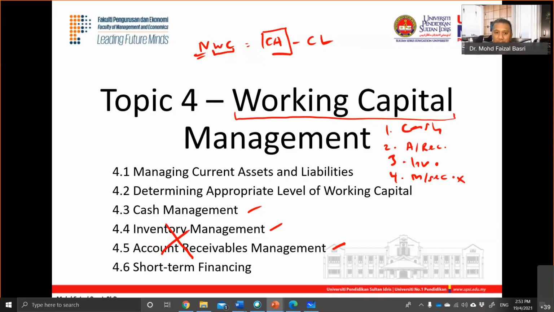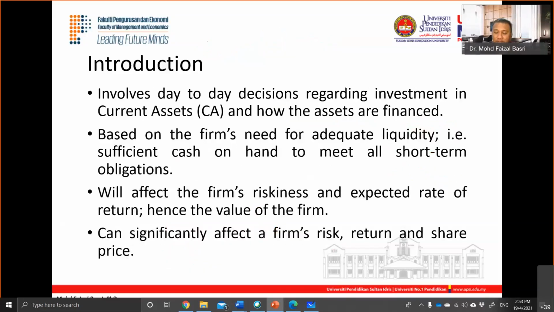Right. But anyway, when we talk about working capital, it's involved day-to-day decisions regarding to the investment of current assets. Okay, as I said tadi lah. So we have 4, but again, in our case, we're going to focus only on cash. But technically, we have at least 4 different current assets. And we're going to manage these 4 assets.